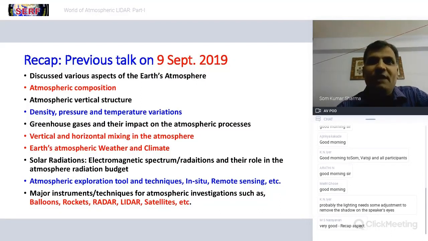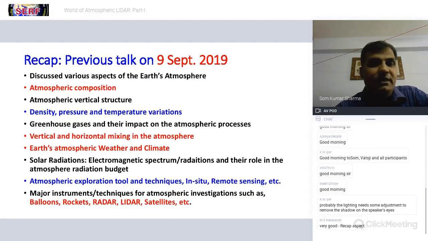So with the breathing of our land surface, how it interacts with the atmosphere, this we discussed yesterday. Then, most important, the density, pressure and temperature variation in the Earth atmosphere. Then greenhouse gases and their impact on the atmospheric processes.